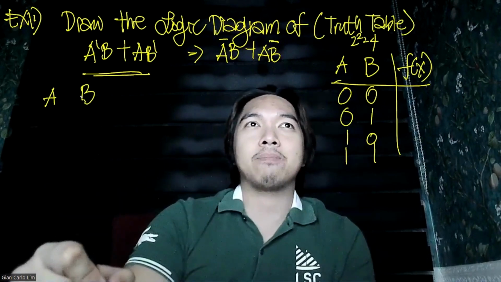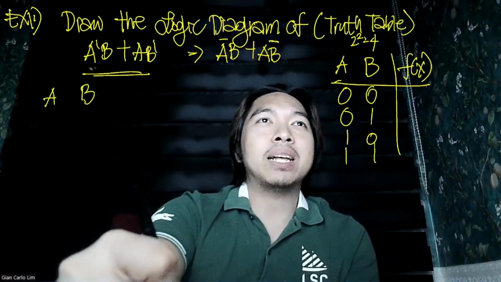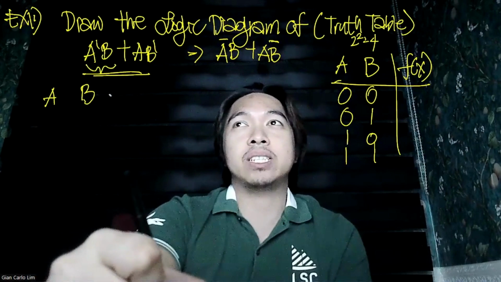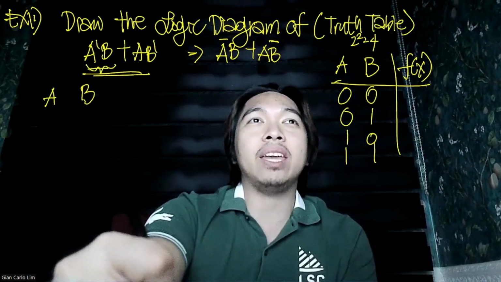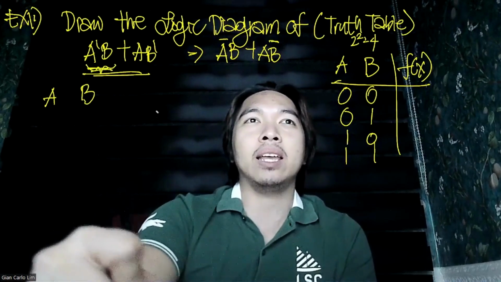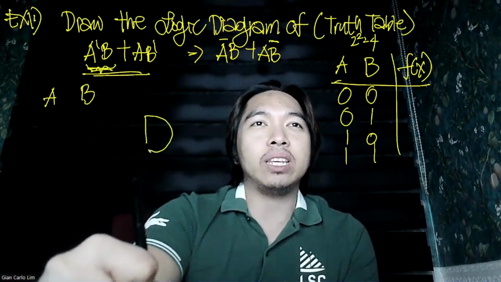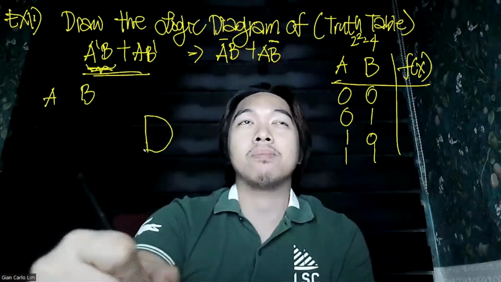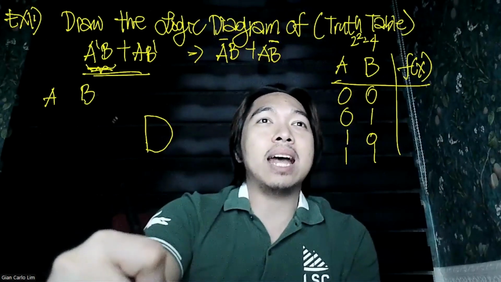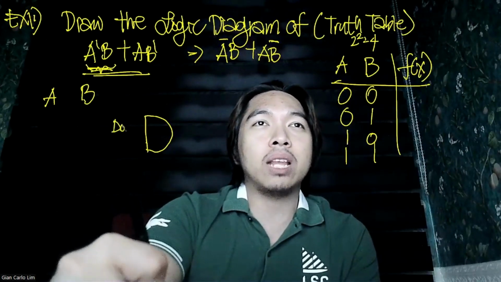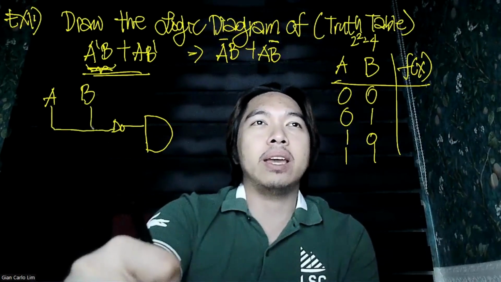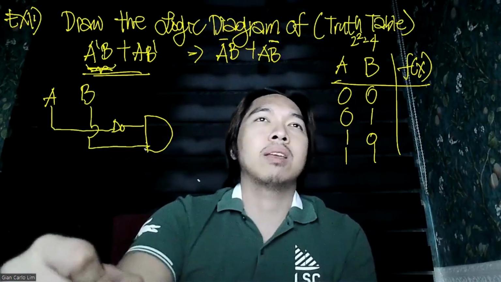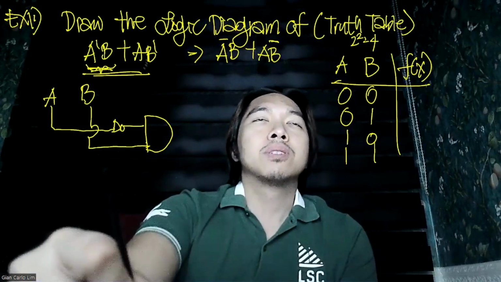Let's put that first, and then notice the first expression. A and B, so that is an AND gate. What does the AND gate look like? It's the big letter D, if you can still recall. Then we need to NOT the input of one, so A is inverted here and B is as is.